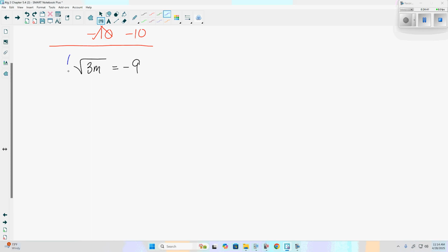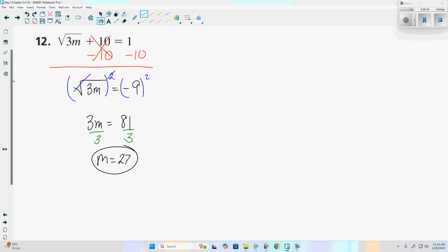Because we can go through the process here. We can square both sides. Square root and square would cancel, telling us that 3m equals 9 squared, which is 81. Now we can divide both sides by 3, telling us m is positive 27. And again, when we check it, 3 times 27 plus 10.